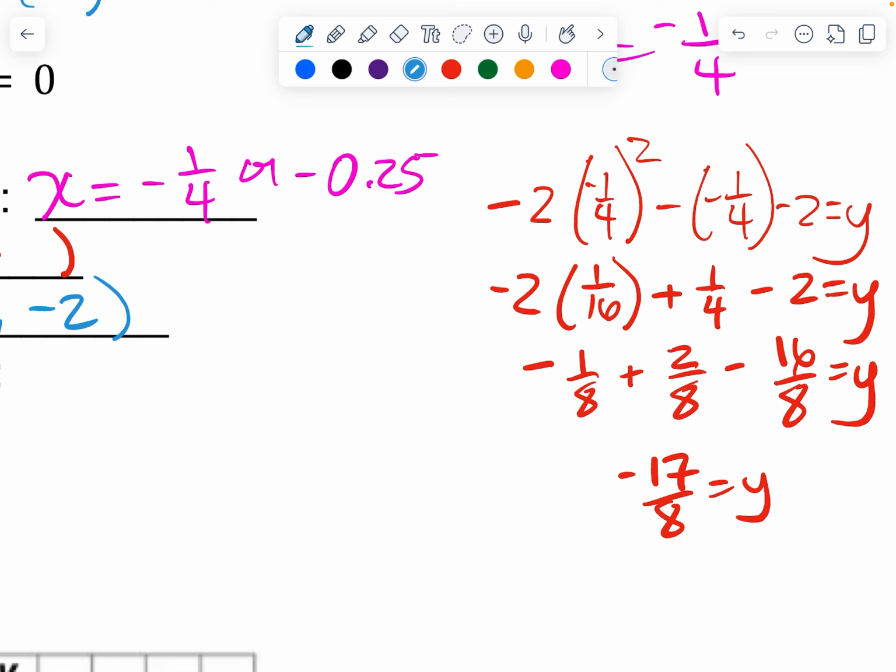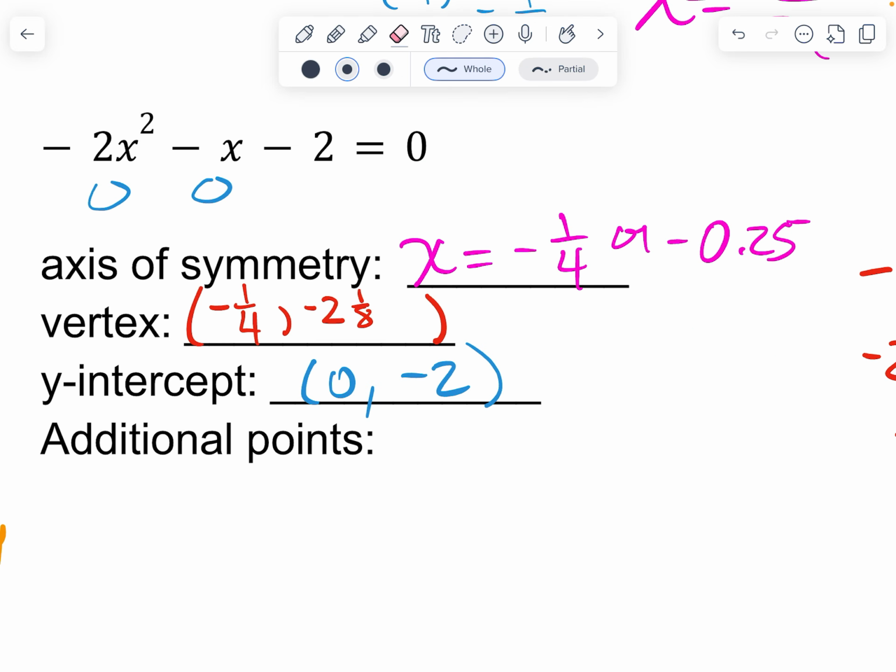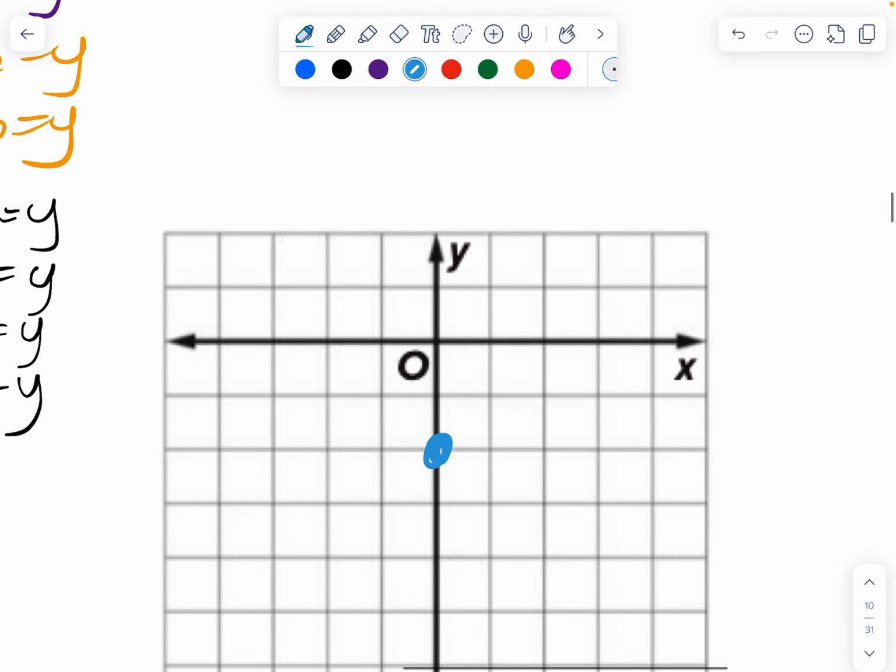This gives me 1/4. Oh, that's the problem. That should be 15. That's why. Okay, I figured out my problem. I knew something was awry. Negative 1 and 7/8. That makes so much more sense. Okay, it may not make sense to you guys, but it makes sense to me.